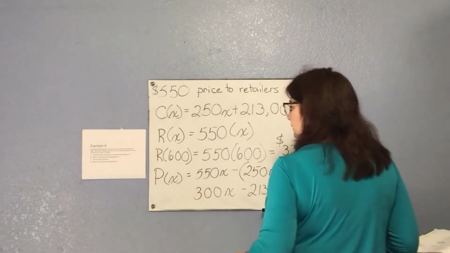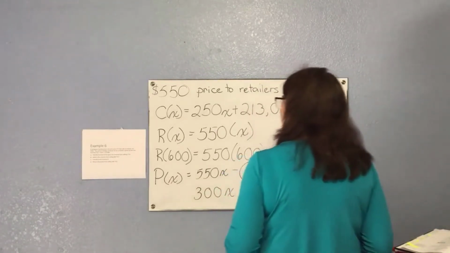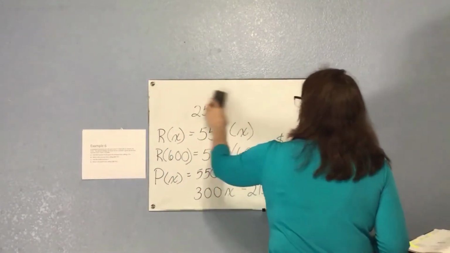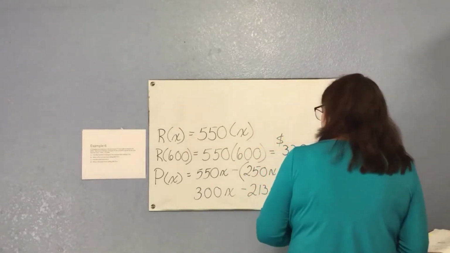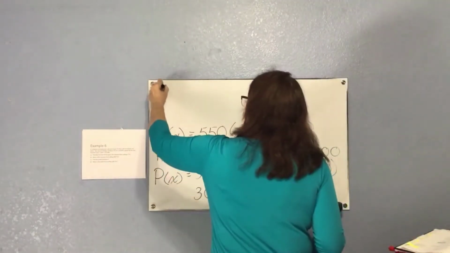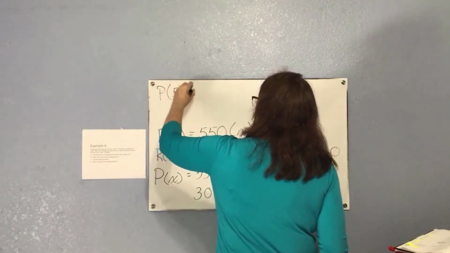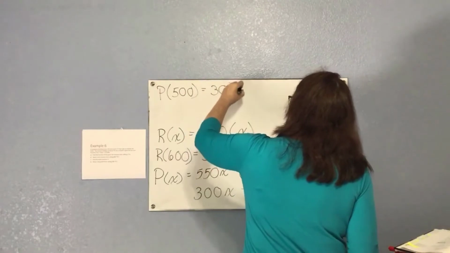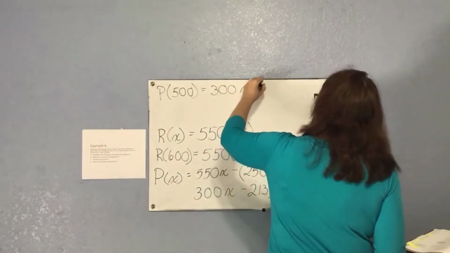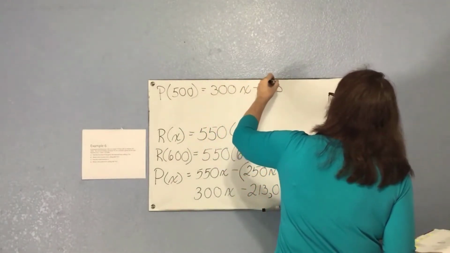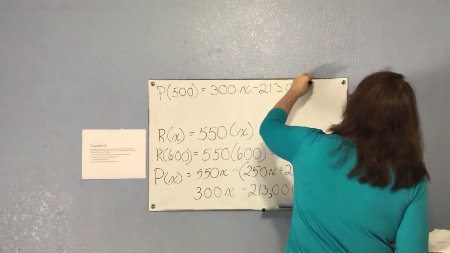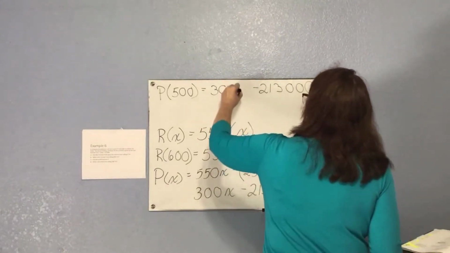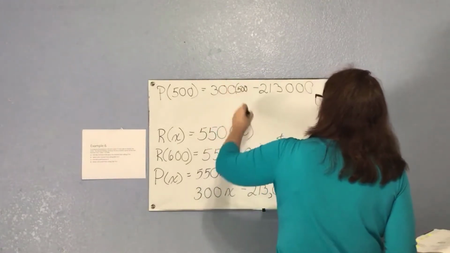Now they want to know, what's the profit from selling 500 TVs? We'll bring our profit function up here. The profit for 500 televisions is 300x minus 213,000, and I'm going to replace that x with 500.